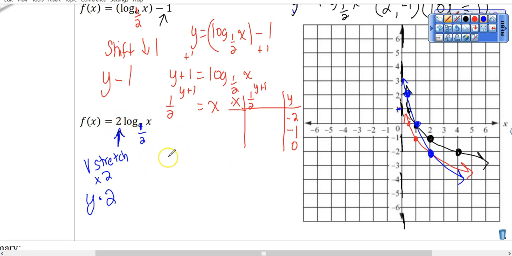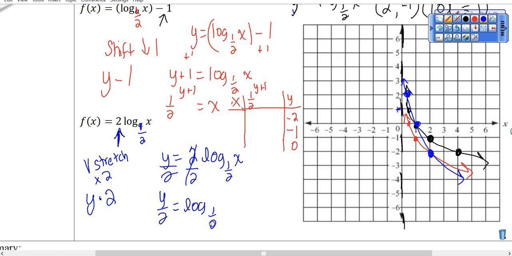If you choose, last one, to convert 2 log base half of x, first you have to isolate the log before you can convert it. So what would I do to isolate this logarithm, because it's not isolated? Divide by 2. Absolutely. So y over 2 equals log base half of x, and then convert.